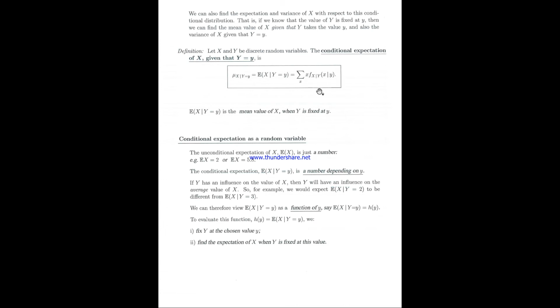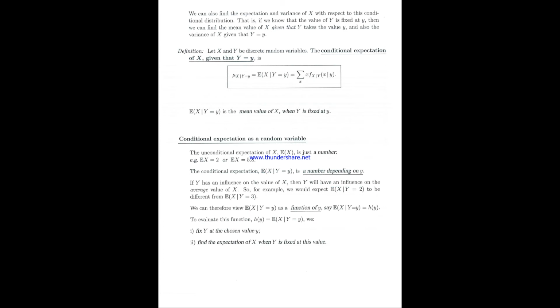You can find the probability using the conditional distribution function, and then take the summation over the range of X. When it comes to the continuous case, it is the same concept, but you have to use integration. So the conditional expectation, the expected value of X given a specific value y, means we are finding the mean value of our random variable X when Y is fixed at y.